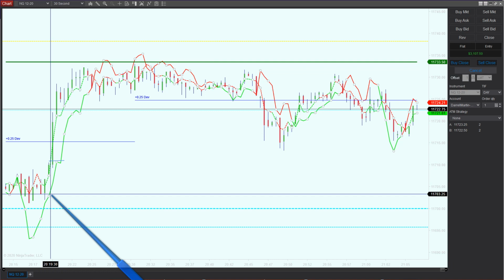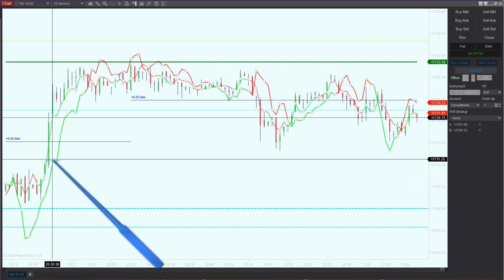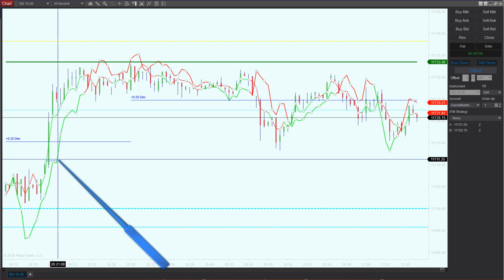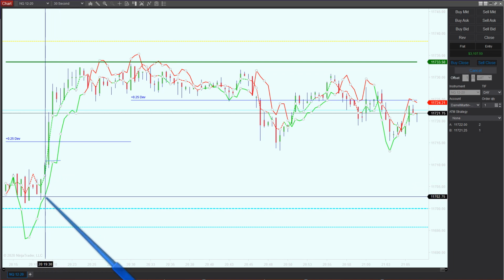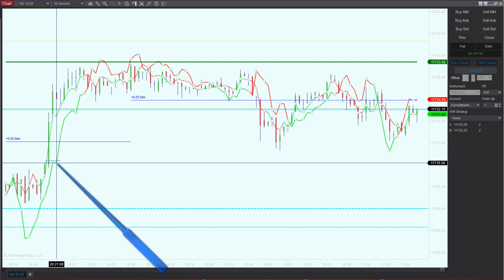If you don't know where there's an original simplicity entry, you can't know what a LRE, or a low risk entry, or lower risk entry, is. Now I don't move my stop up until the solid green line gets above my entry. So my stop stays here until the solid green line gets above my entry.